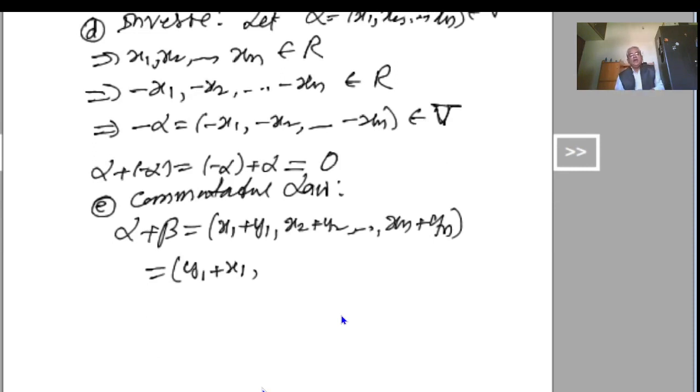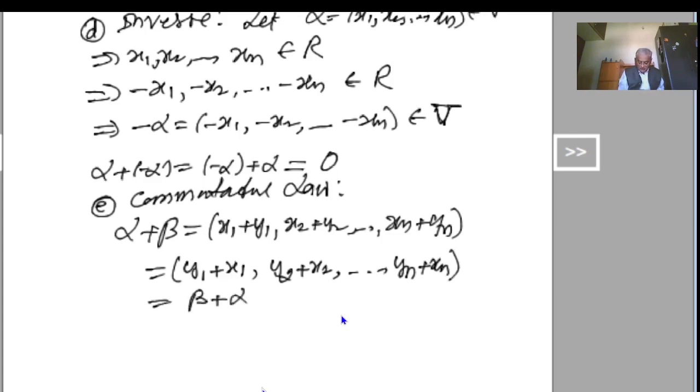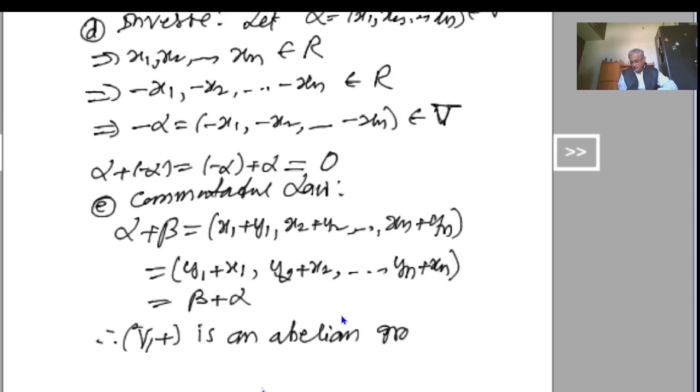Because the commutative law holds in R. x2 plus y2 can be written as y2 plus x2, xn plus yn can be written as yn plus xn. This is nothing but beta plus alpha. So the commutative law is also satisfied. Therefore, V with plus is an abelian group. The first axiom is satisfied.